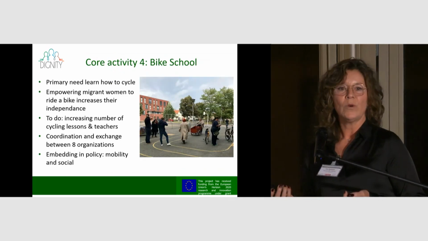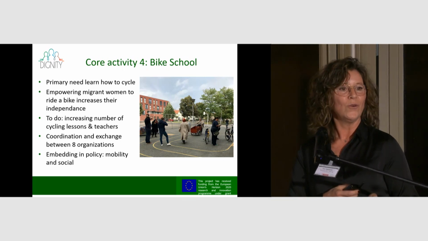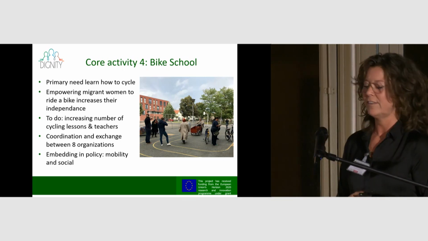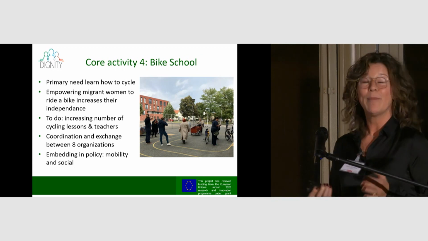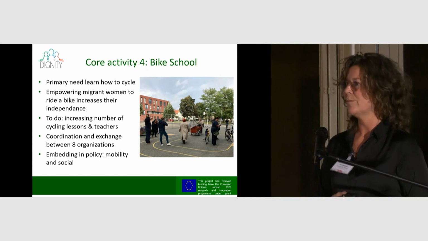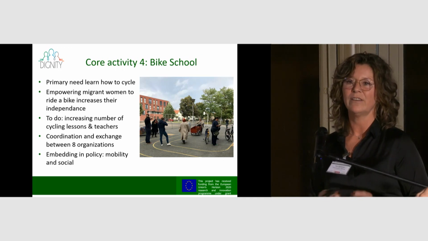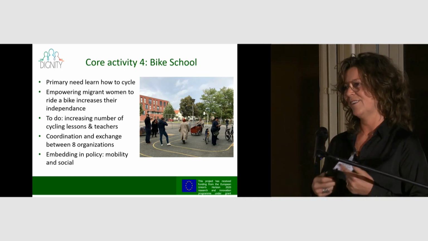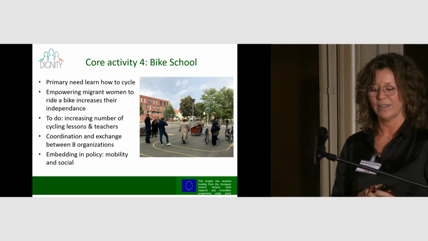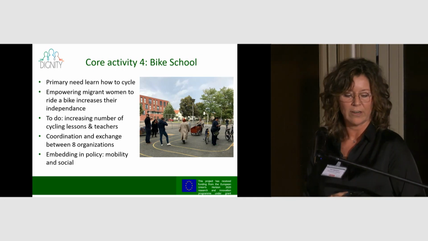And the next one, core activity 4, is also a non-digital one. It's about the bike school. The bike school for migrant women, but also for the newcomers and the refugees who are in large groups still coming in Europe and also to our town.